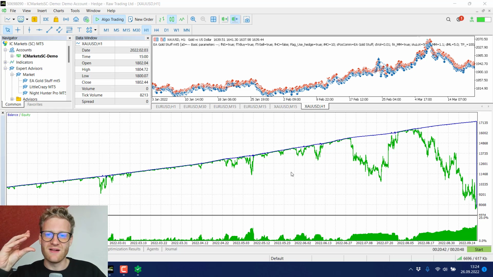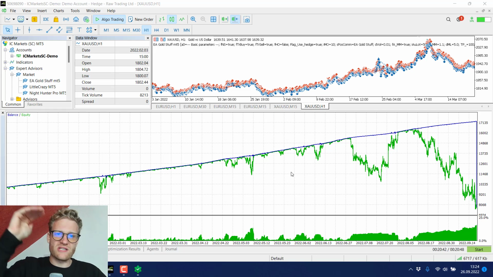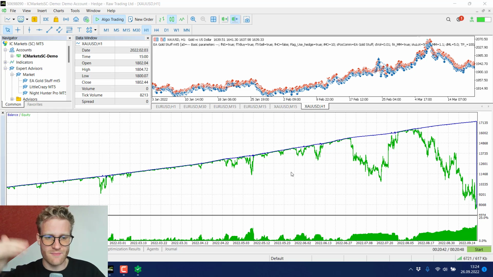So every week, every month, every day, this event can start where the price of the underlying, like euro, like gold, goes in one direction and never comes back to hit the break-even price plus 100 points, which is the TP.